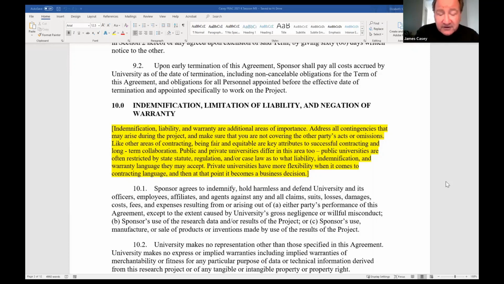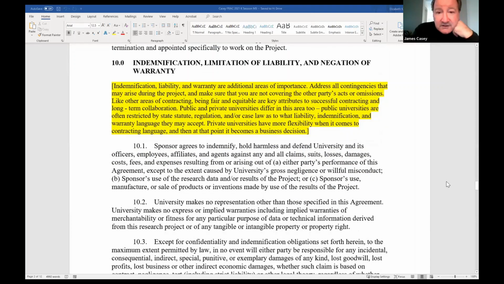Clause 10 covers another important area. It's one of the troublesome areas, which is liability, indemnification, and warranty. If you work at public universities, oftentimes your Office of General Counsel or your system counsel will have already pre-approved certain clauses for sponsored research offices.